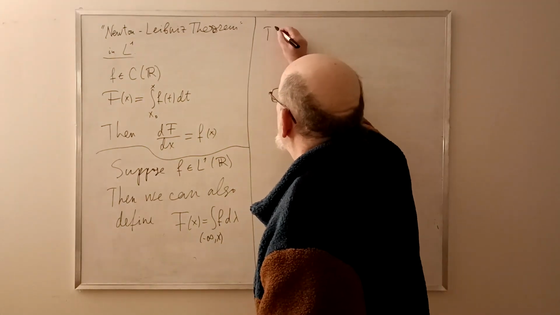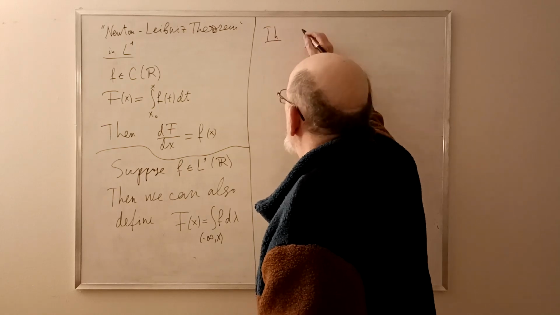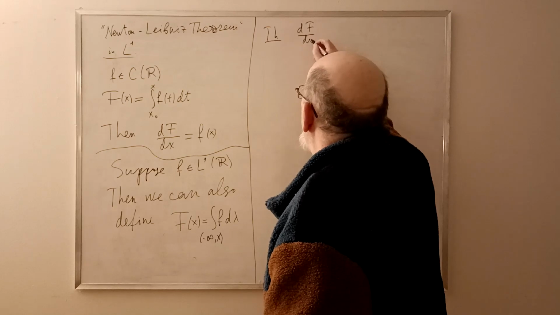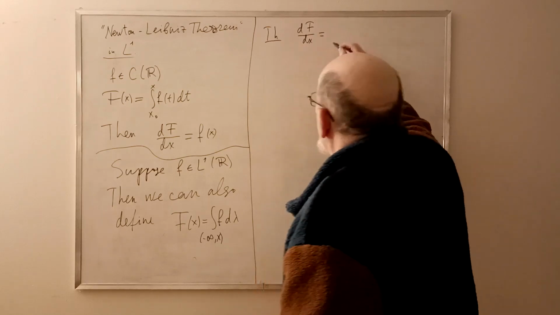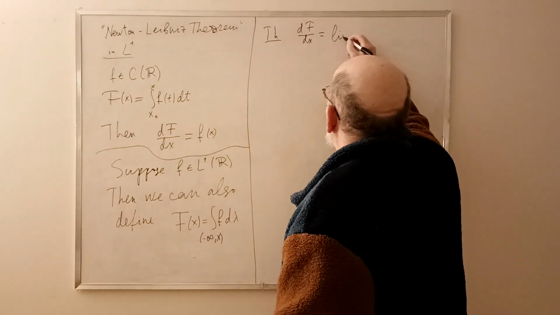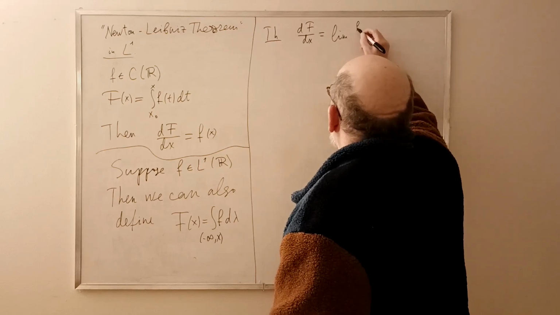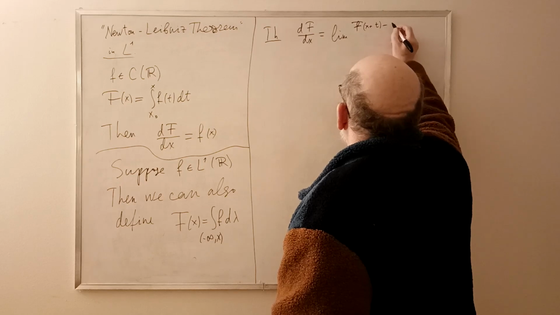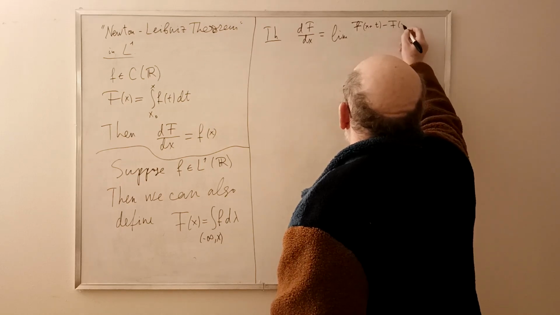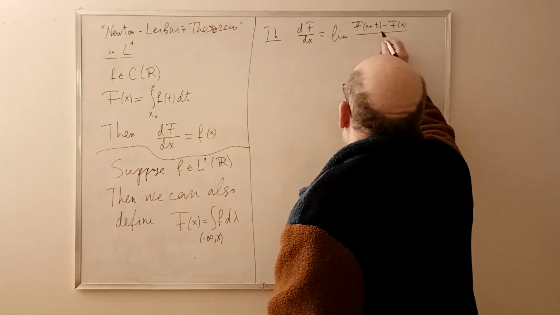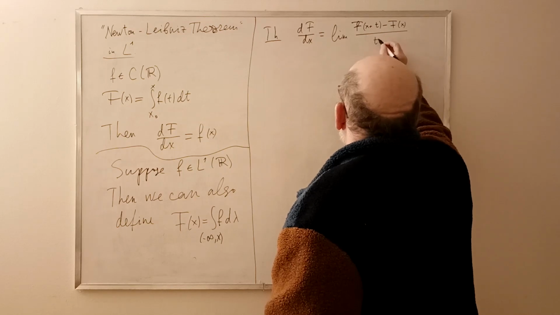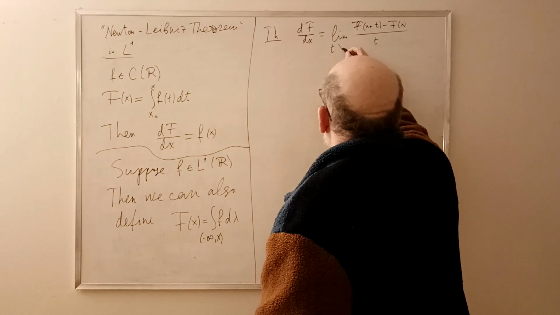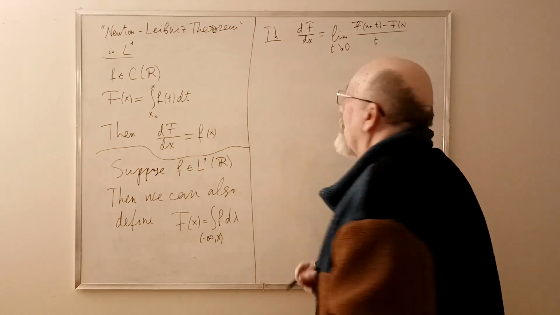And the theorem is the following: dF/dx equals the limit of (F capital of x plus t minus F capital of x) divided by t when t goes to 0, let me write, goes to 0 from above.